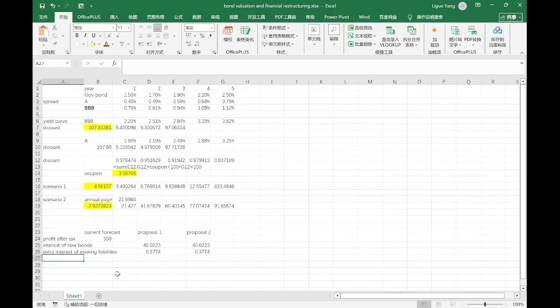So return. So we'll have the adjusted profit after tax.